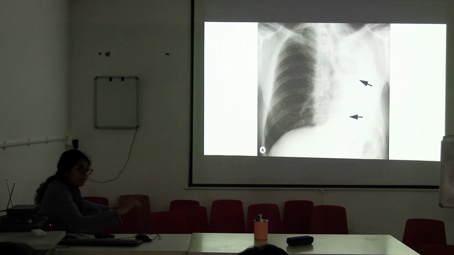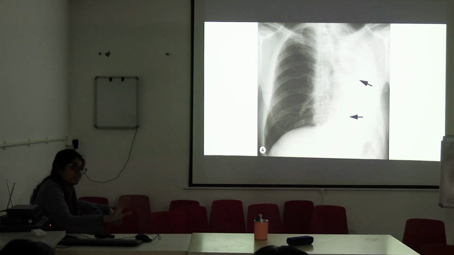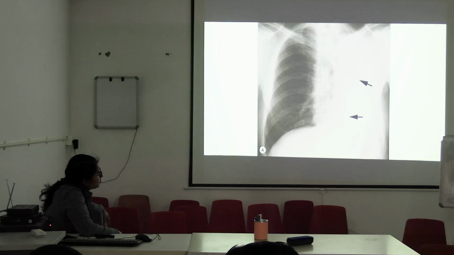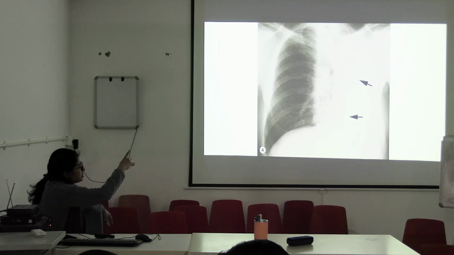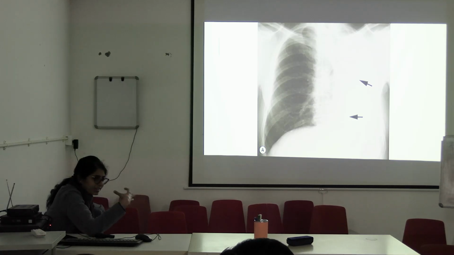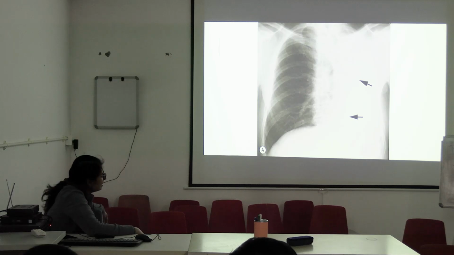Now you are seeing again DHO. There is a dense homogeneous opacity. Now say, what about the mediastinal shift? Yes. Why? Because you can see the pull of the trachea. The trachea is pulled to the left side. Can you see the heart?